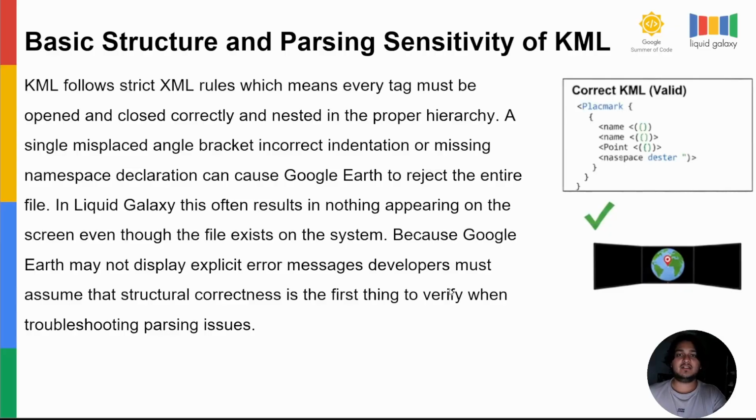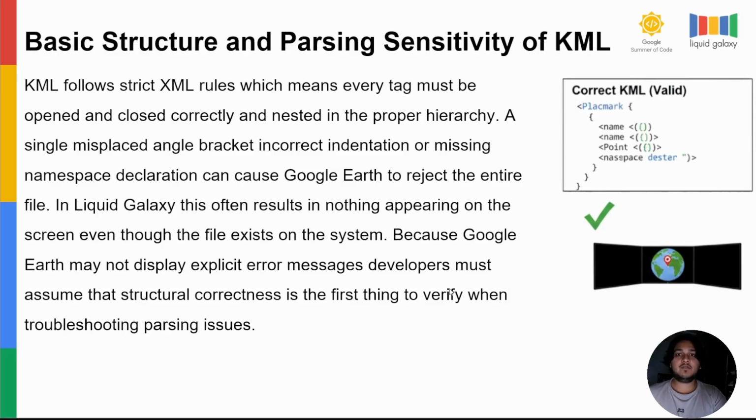Now let us move to one of the most important technical aspects of KML, its basic structure and why it is extremely sensitive to parsing errors. KML follows strict XML rules. This means that every tag must be opened and closed correctly, and every element must be nested inside the proper parent element. Unlike many programming languages, XML does not allow flexibility or assumptions.